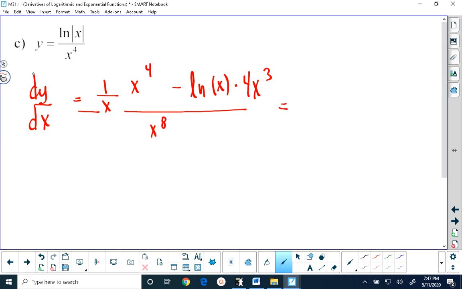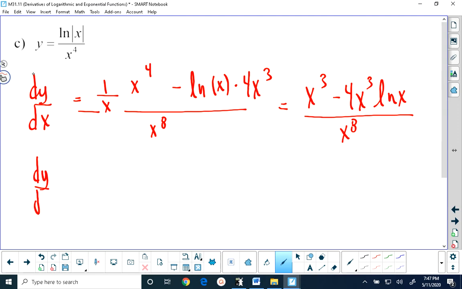This is going to give us in the numerator x cubed minus 4x cubed ln x over x to the 8. Pretty simple question, actually. There's just another step that has to be done for us to see what the answer is going to be. I can factor out an x cubed out of the numerator and be left with 1 minus 4 ln x.